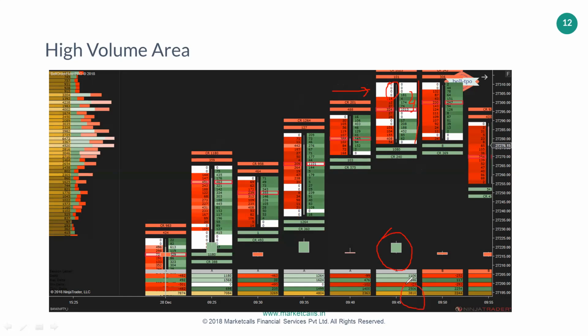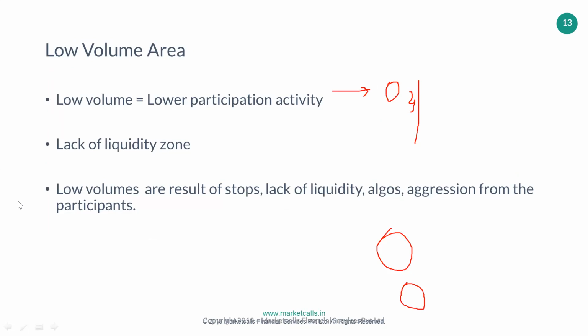But if you look at the edge of the candles, you're going to see a lot of zeros at the day high on the selling side, and typically the volume transactions are pretty less on the buying side. We're going to talk more about it, but for the time being, we are just talking about high volume areas and low volume areas. When you're finding stops or absorption, it will usually result in a typical low volume area over here.